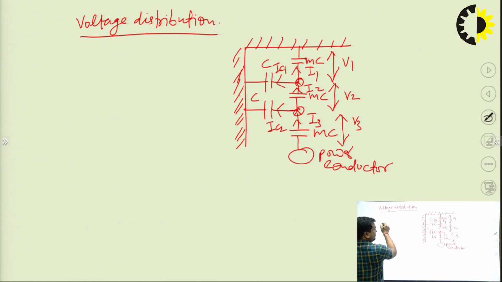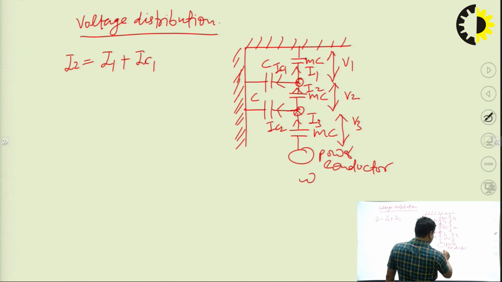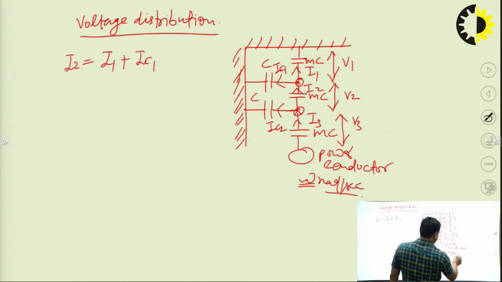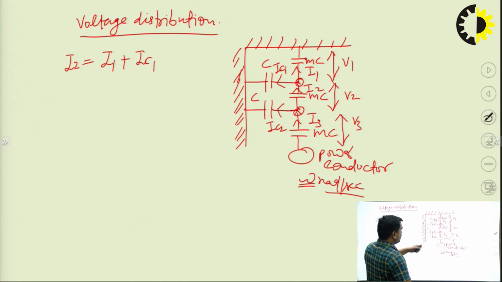What is the KCL equation? That is I2 equal to I1 plus IC1. If the operating frequency is omega radian per second, then what is the value of I2?